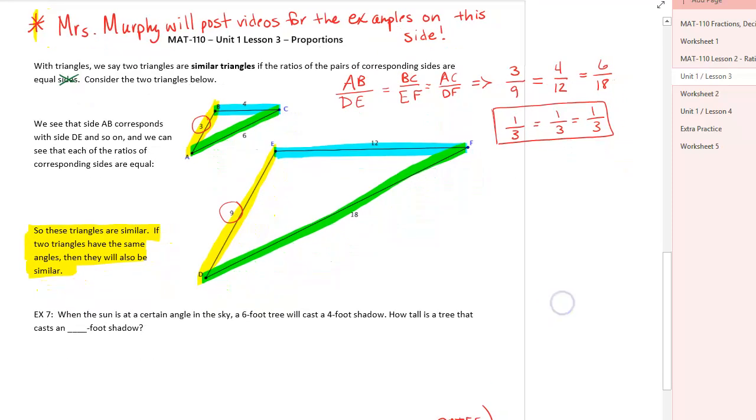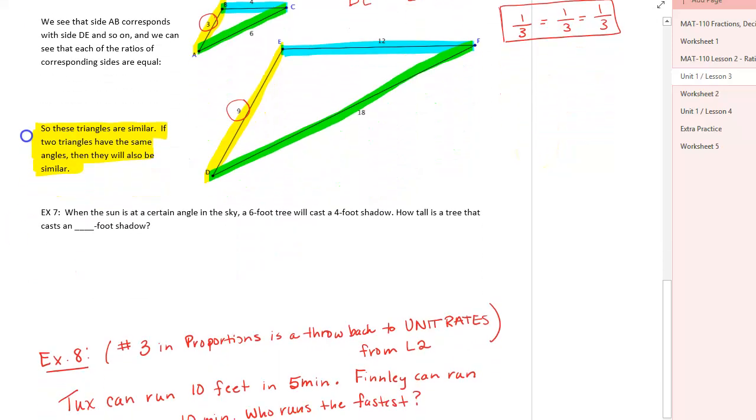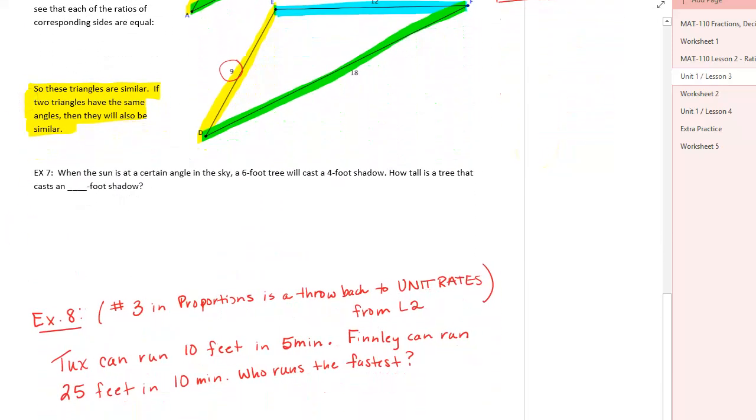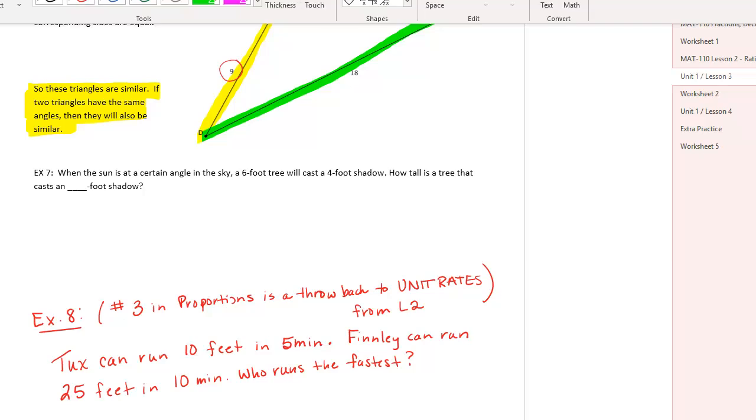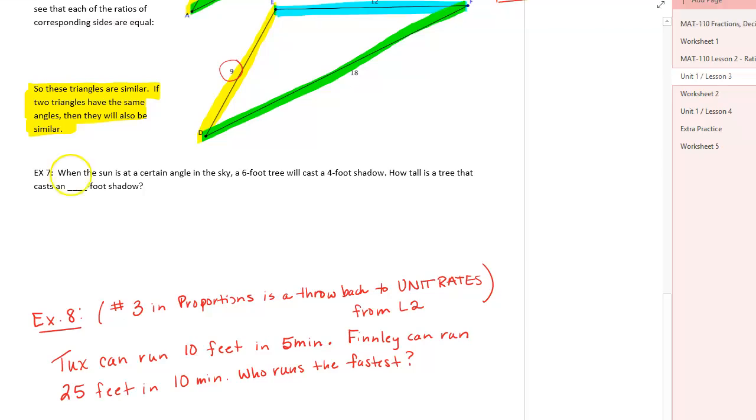Also, triangles are similar if they have the same angles. So if these angles are congruent, then we know the sides have this relationship as well. So let's look at an application of this. In this example, we have the shadow formed from the sun shining over a tree. When the sun is at a certain angle in the sky, a 6-foot tree will cast a 4-foot shadow.